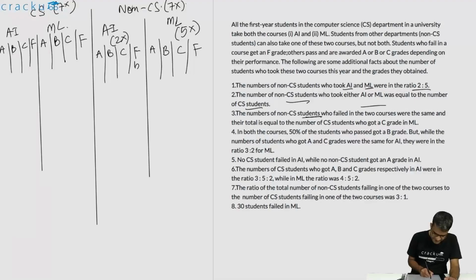So let us assume that this is B and this is B, and the sum, the total, is equal to the number of CS students who got a C grade in ML. This is equal to the number of CS students, so this will be equal to 2B.